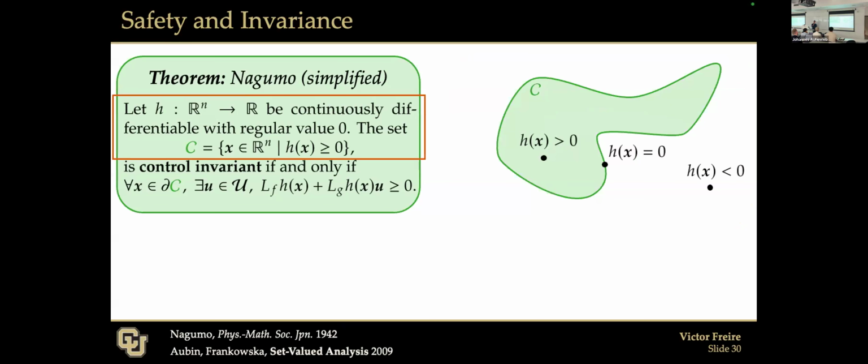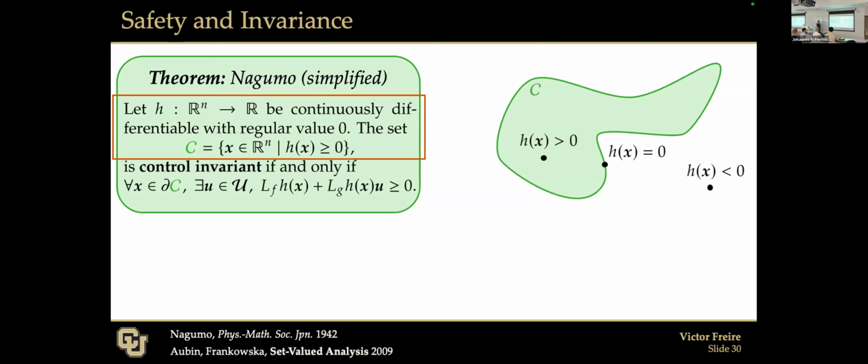The first part is saying that this characterization applies to a special type of set. This set needs to be defined by a continuously differentiable function h, which has regular value 0. And the function takes positive values inside the set and negative outside, and is 0 at the boundary.